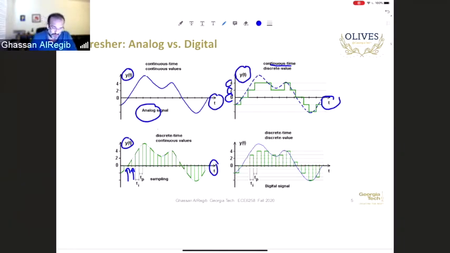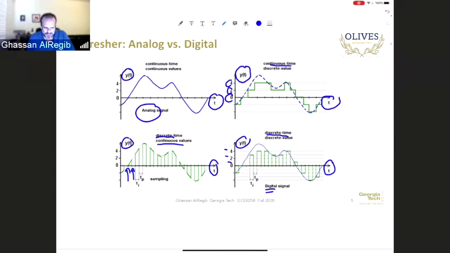So in this case we call this a discrete time continuous value signal. And then finally we go to the digital signal. On the time axis, the time is really split into discrete events. So this is discrete time. And the y of t can only take discrete values as well. And in this case we have a digital signal.